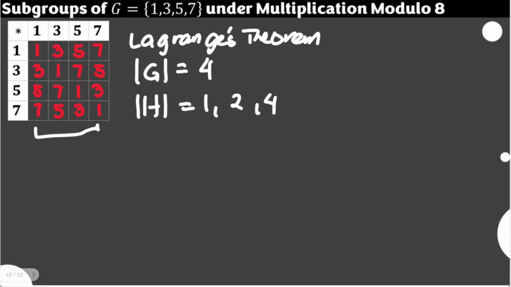In this case, we are assured that we will no longer try to identify any subgroup of order 3, because our subgroups will have order 1, 2, and 4. And don't forget the caution I made when we discussed the Lagrange theorem.